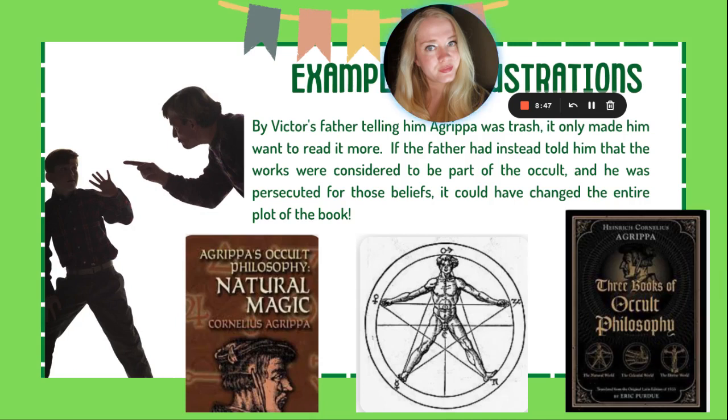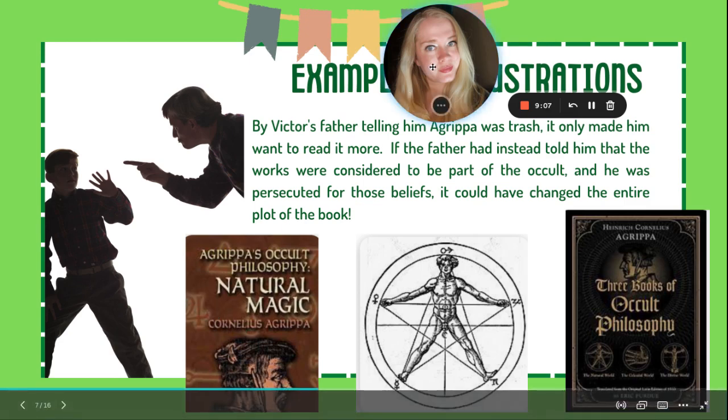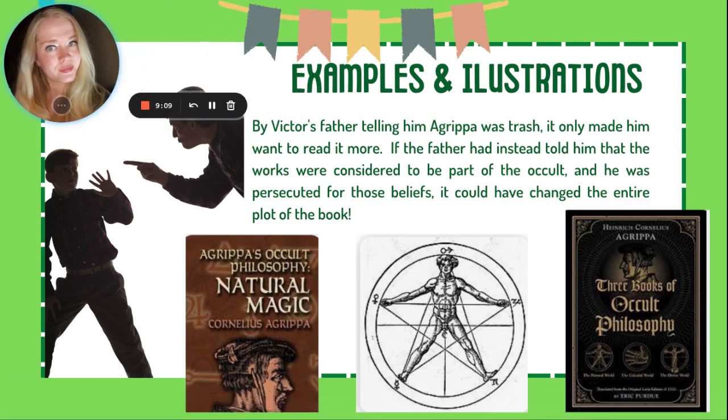So instead of Victor's father telling him that Agrippa was trash, he could have simply told him that these works were completely outdated, that modern thinkers would have kind of laughed at him for studying that.